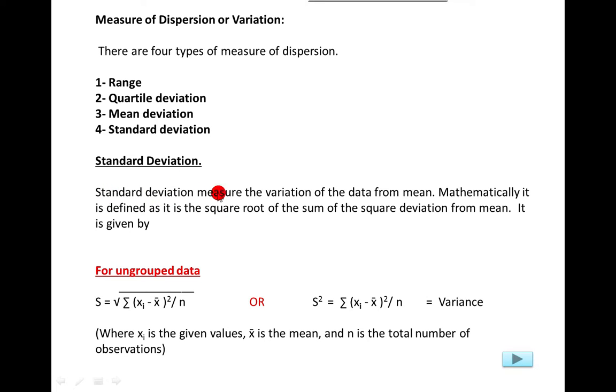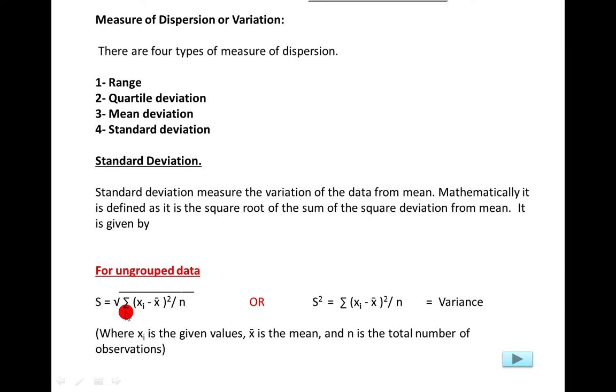This is the definition of standard deviation. The standard deviation measures the variation of the data from mean. Mathematically, this is the mathematical formula. It is defined as the square root of the sum of the square deviation.